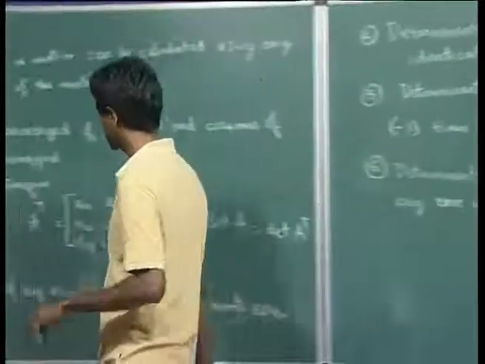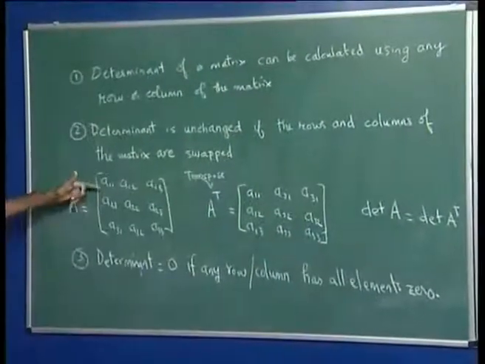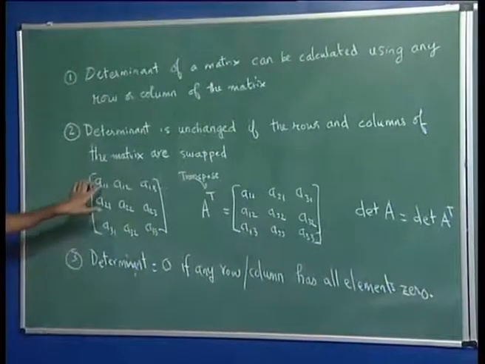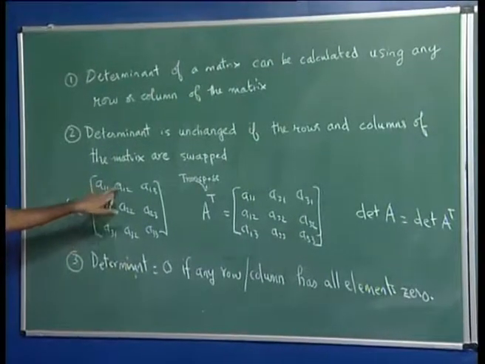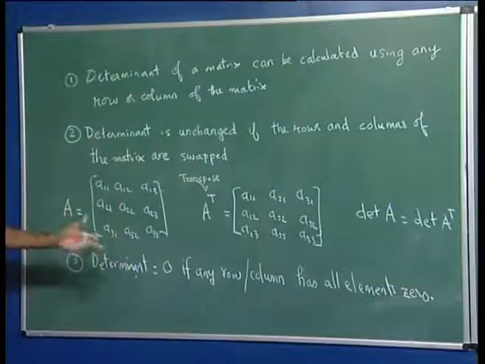Okay. So, what I mean is, suppose I have a matrix A which is like this. Now, to each element in A I add a scalar multiple of some other row.